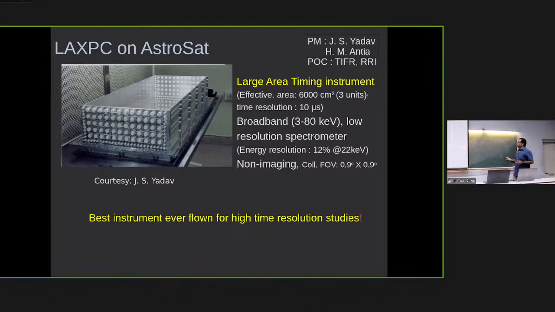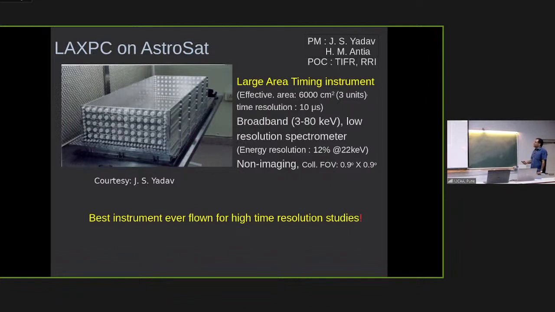The Indian Astrosat mission also has this proportional counter. This is called the Large Area X-ray Proportional Counter because it has a large area. There are three units and the total area is about 6,000 square centimeters. Here only the detector part is shown, not the collimator part. On top of this detector there is also a collimator, just like what we saw in the RXTE version.